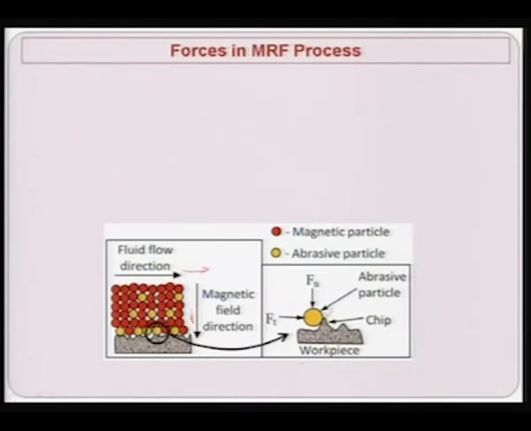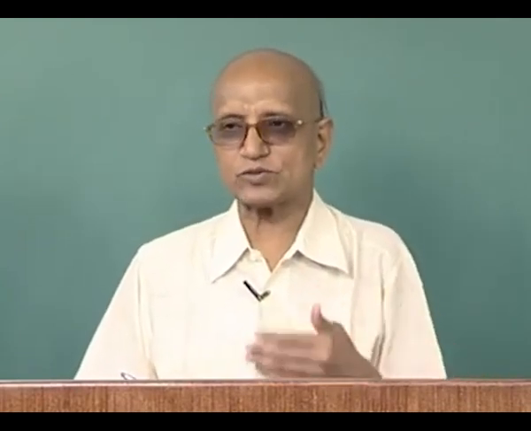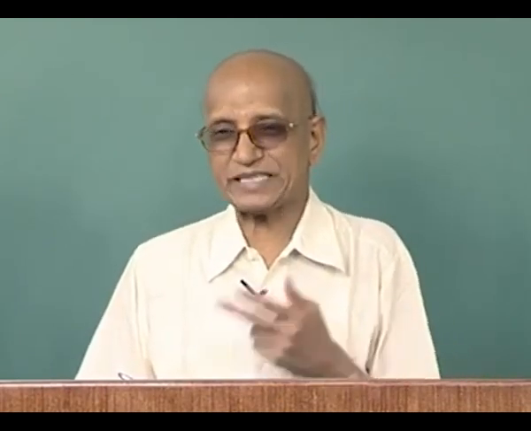The normal force is responsible for the penetration of the abrasive particle into the workpiece surface, and the tangential force is responsible for removing material from the workpiece surface in the form of a microchip. So, you can see here the size of the microchip going to be removed, and the size of this microchip will depend upon the normal force that is acting, and if the tangential force is sufficient to remove that indented material, then it is going to give you the chip.